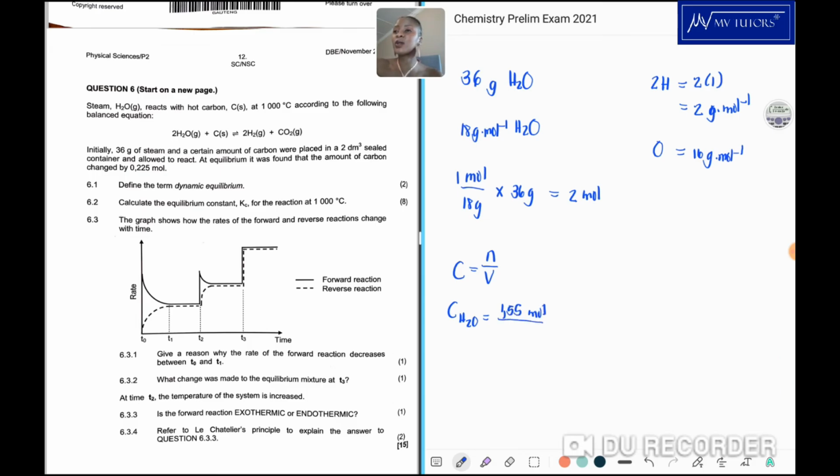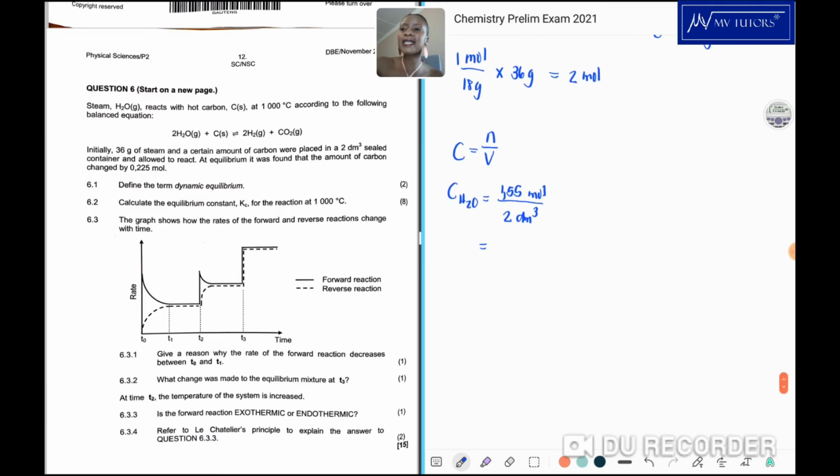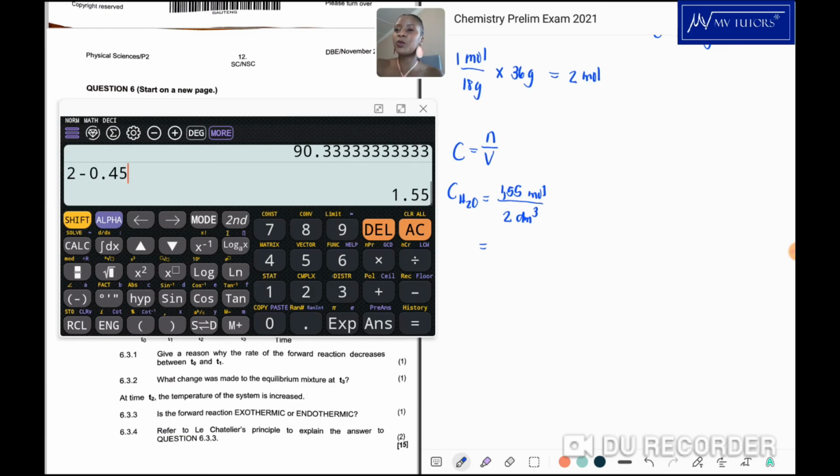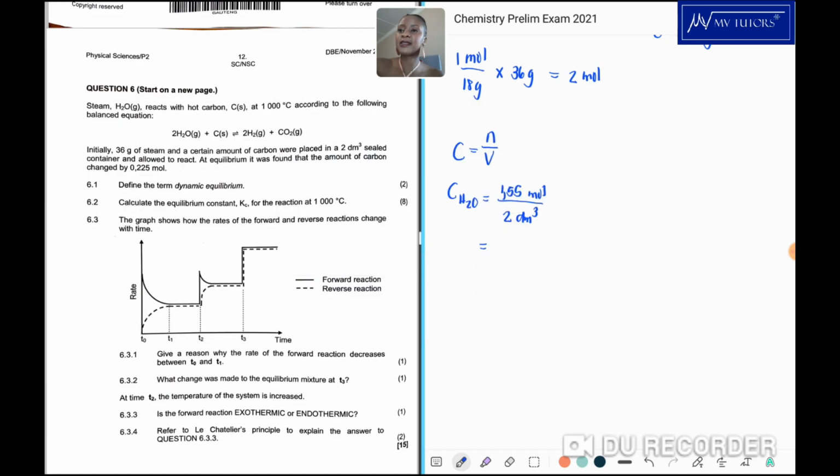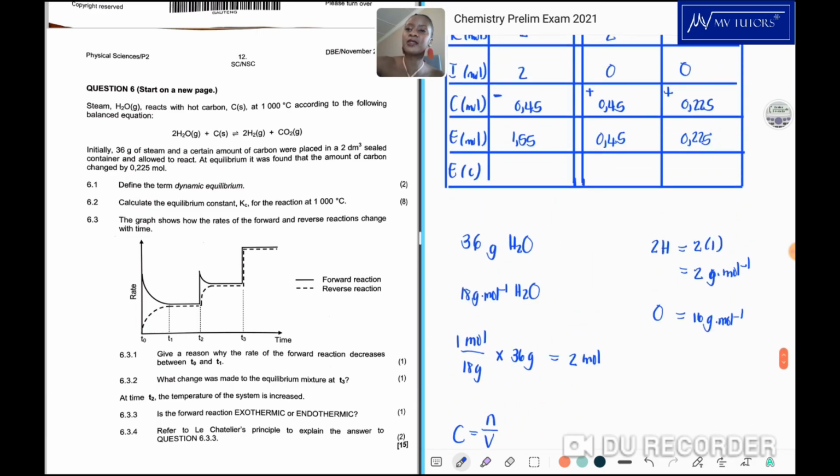And they told us the steam was placed in a 2 cubic decimeter sealed container. So the concentration of steam is 1.55 divided by 2, which is 0.775 mole per cubic decimeter.